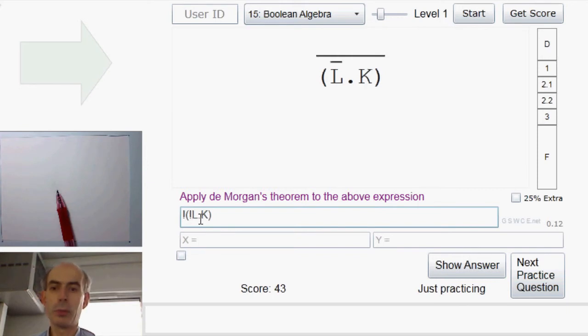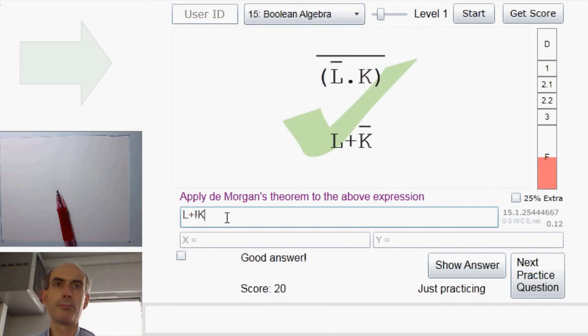So not L becomes L and K becomes not K. Convert the and to the or and vice versa, so that and becomes an or, and put a not at the beginning. And then these two nots at the beginning cancel each other out, which means that we no longer need those brackets either. They don't do any harm, but we don't need them. We could just write that. That will do.